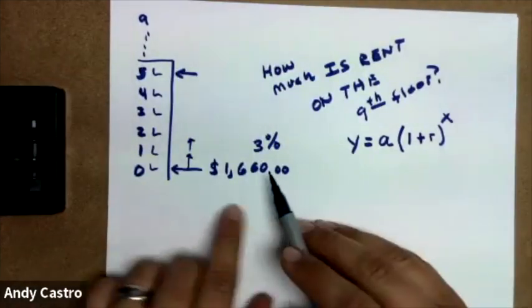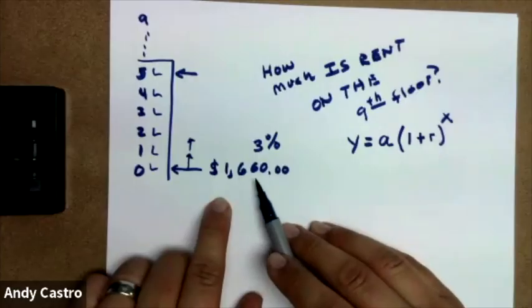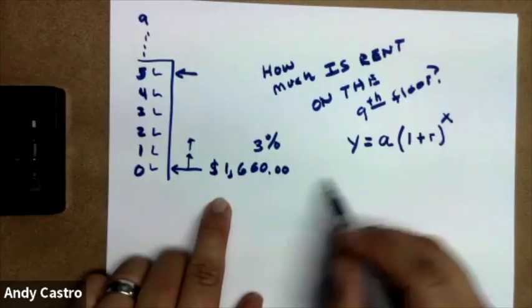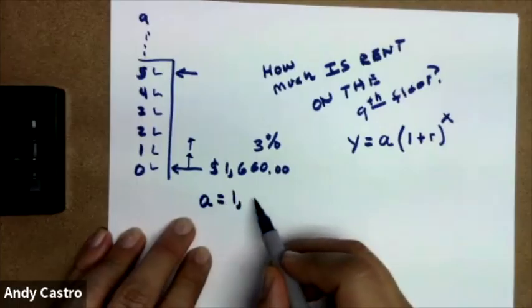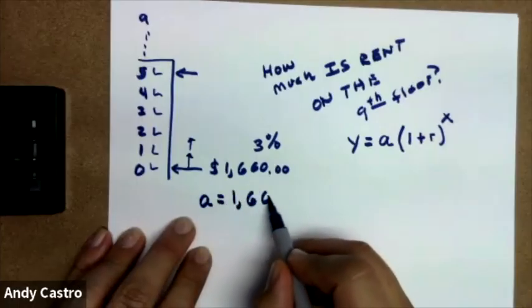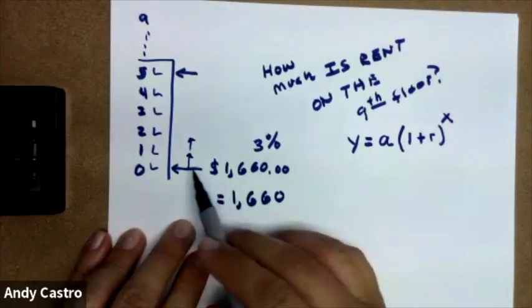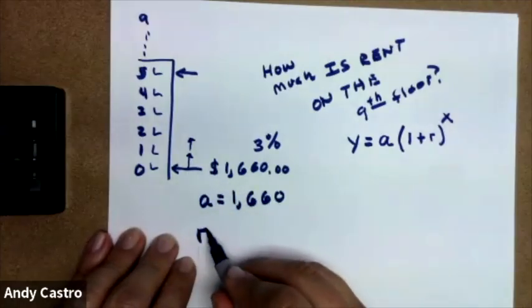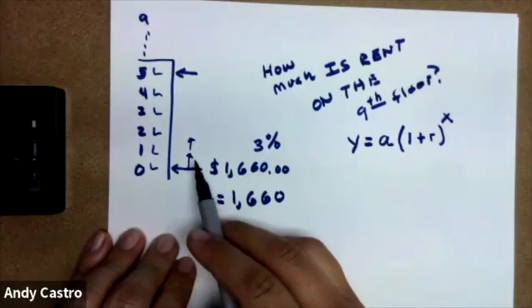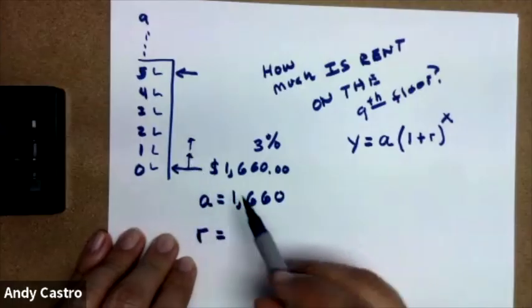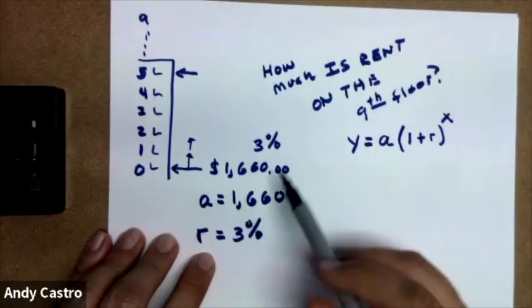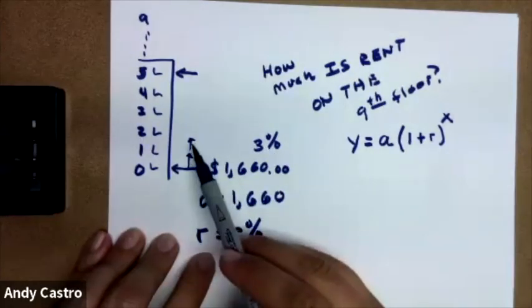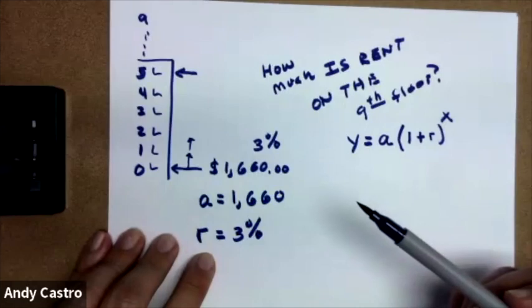Okay, so our initial is 1,660. That is my A value. All right, my rate, or R, by how much does it go up, is 3%, and it goes up for every floor.